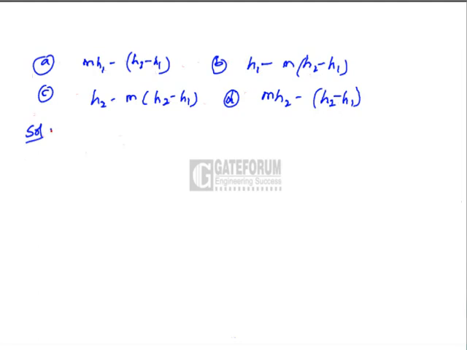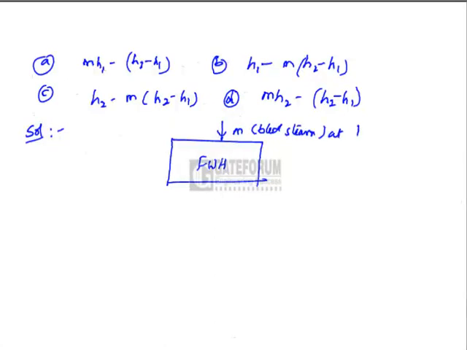The solution to this problem could be given as follows. If you just draw a small figure for the feed water heater, m kg is a bled stream at an enthalpy of H1 coming from the turbine and entering the feed water heater.